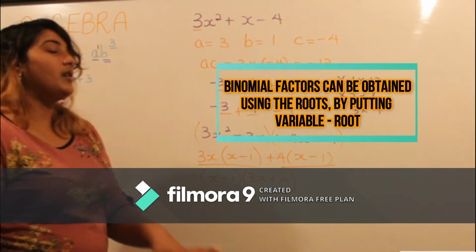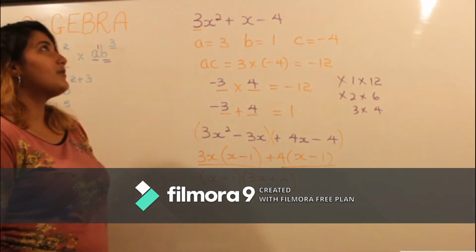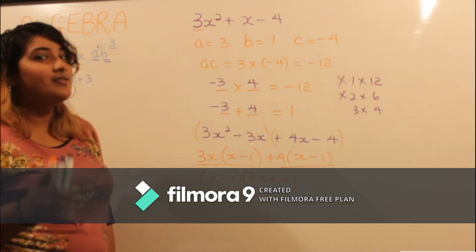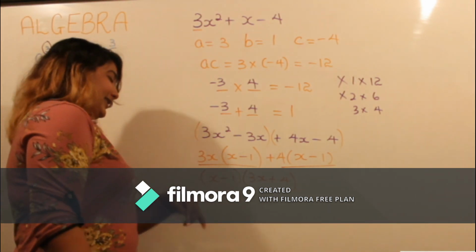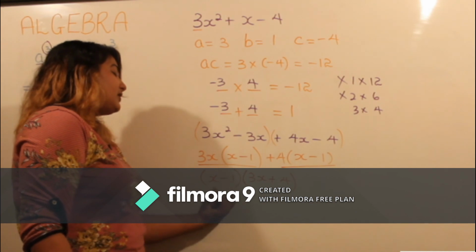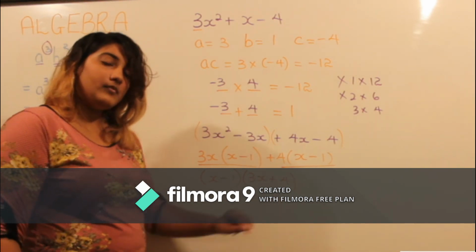So if you wanted to use the calculator shortcut, which I strongly suggest you don't go that route all the time, you have to remember that you need to write them back as a binomial expression.